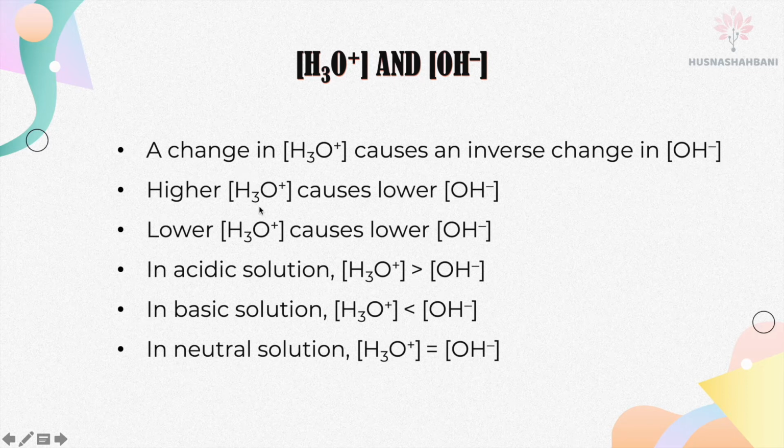So the higher the H3O+, the lower the hydroxide ion concentration, and the lower the H3O+, the higher the OH- concentration. This means in acidic solution, the H3O+ concentration must be higher than the concentration of OH-. In basic solution, the concentration of H3O+ is lower than the concentration of OH-, and in neutral solution, H3O+ concentration is equal to OH- concentration.